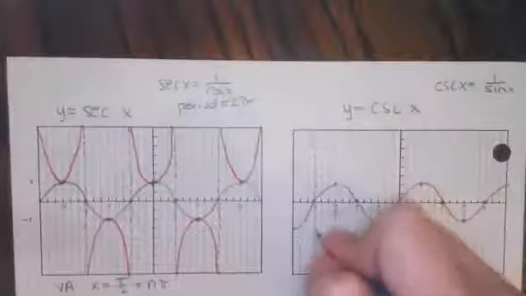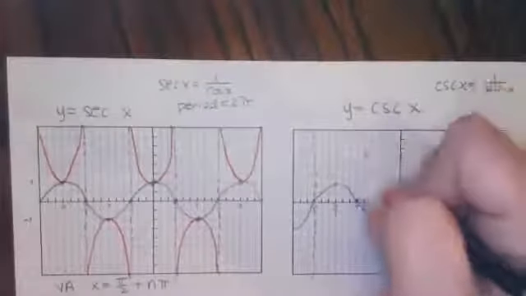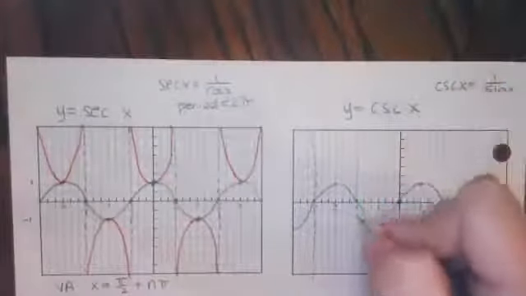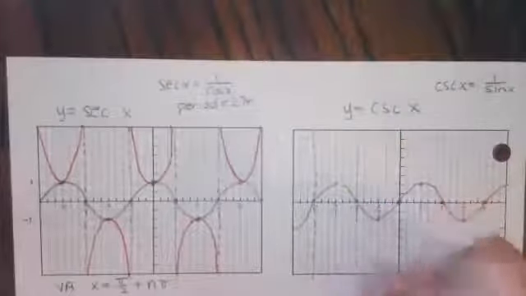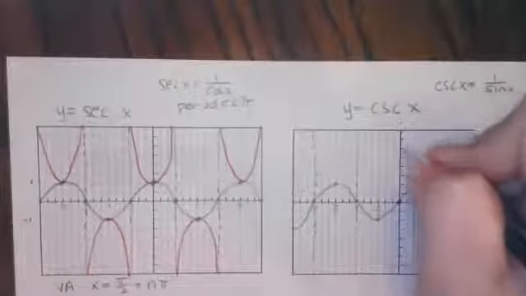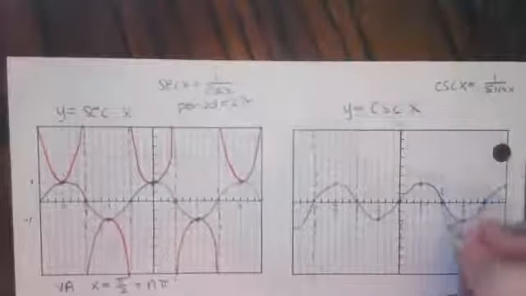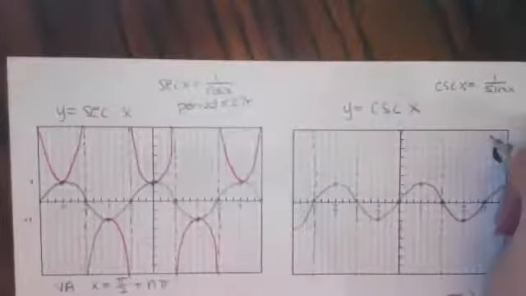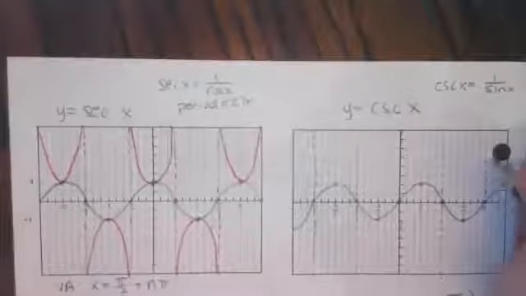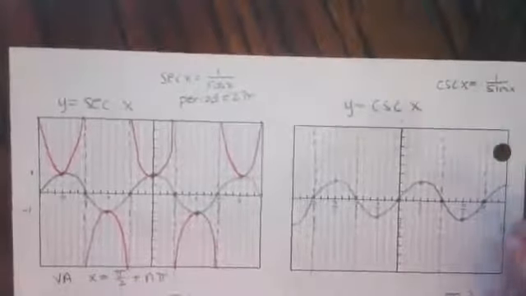asymptote. So we're going to have a vertical asymptote here. We'll have another one. There'll be one right on the y-axis, one at pi, and one at 2 pi.